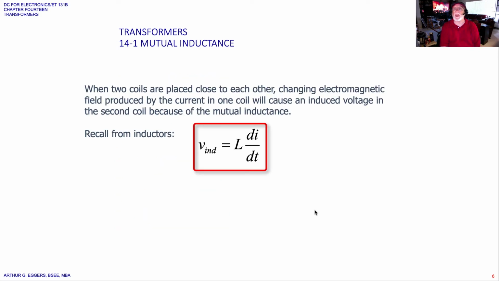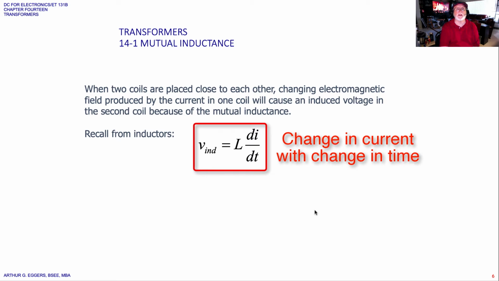So when we look at transformers, we can see that we have two coils that are placed close to each other, changing electromagnetic fields produced by the current in one coil and cause it to induce a voltage in a second coil. So we produce a current in one coil, it induces a voltage in the other.